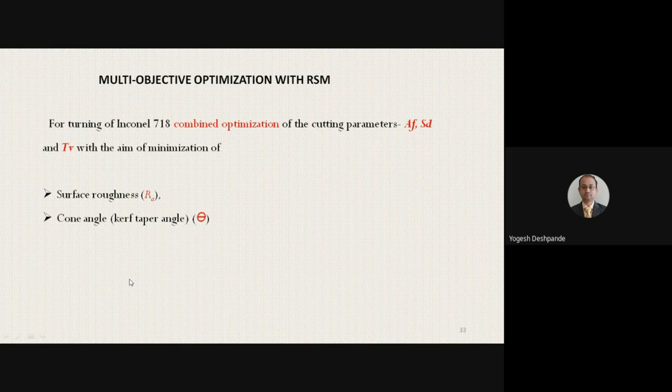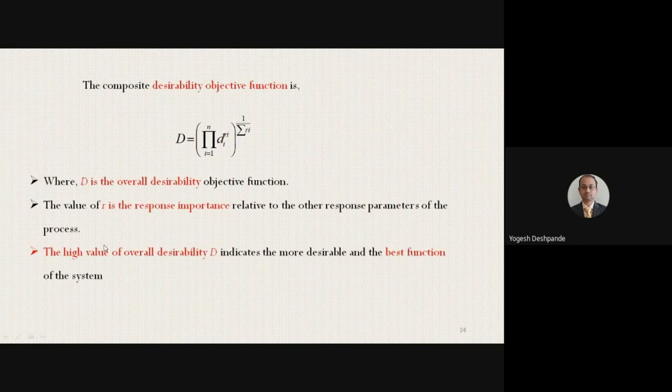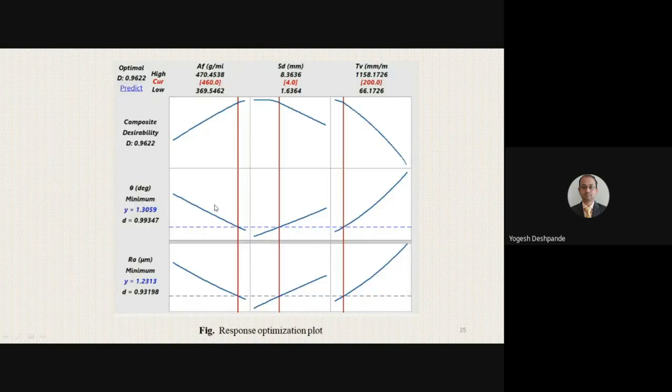At last, multi-objective optimization is performed using RSM with the aim of minimizing surface roughness and cone angle theta. The desirability approach is used for the minimization of Ra and theta, and the plot is generated using Minitab 17 software.